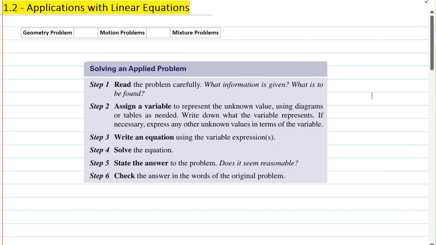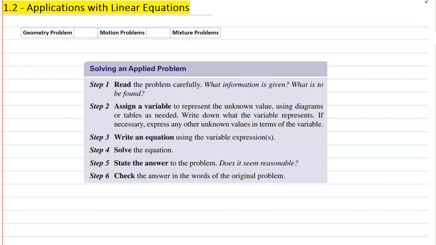Once we get past that step, step 2 is to declare the variable, or assign a variable to that unknown quantity. In this step, we can actually sketch a diagram or table, whatever helps us figure out the problem.